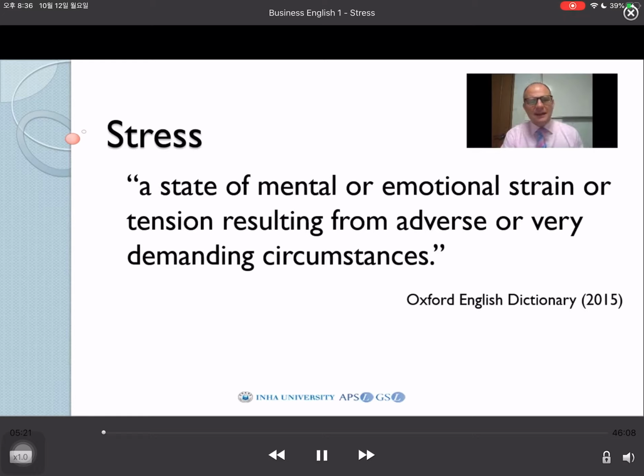I like that definition. I like how it defines it as mental, emotional. It's a kind of tension from bad or difficult circumstances. Yeah, a good definition.